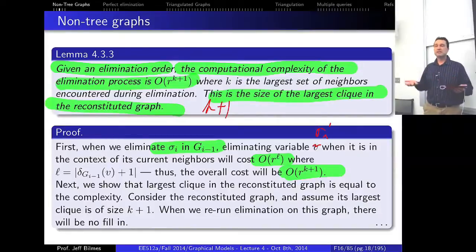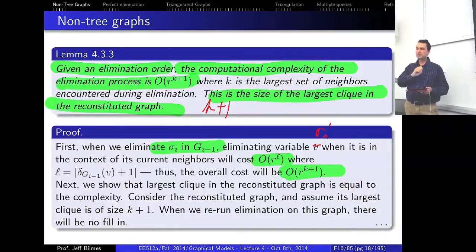Because by doing the elimination and adding the fill-in, the neighbors in the original graph and the neighbors in the new graph are the same, since we've added the fill-in so that the neighbors become a clique. In the reconstituted graph, the neighbors are a clique, and therefore there's no fill-in when we run elimination again. So there's no fill-in.